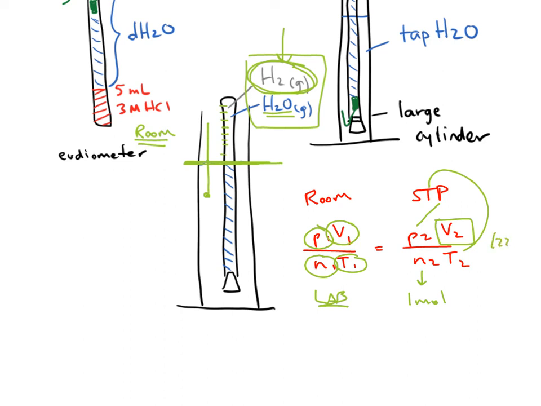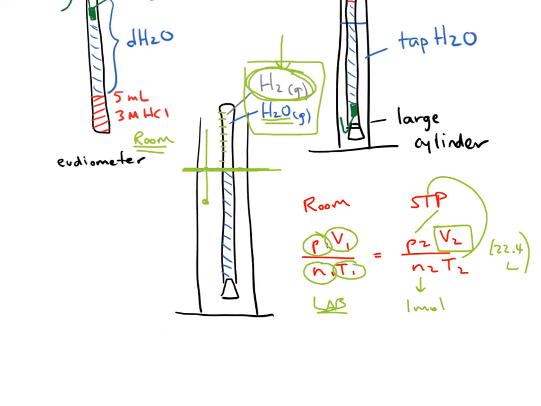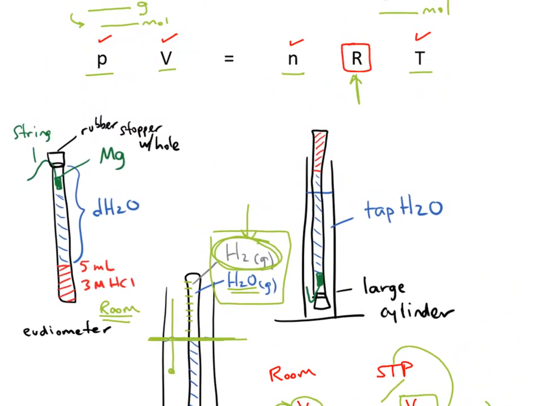And of course, you're hoping R up here is going to be 0.0821 liters atmospheres over moles Kelvin. And then this is what you would use in your lab to find your percent error with the right answer compared to what you got in your lab.